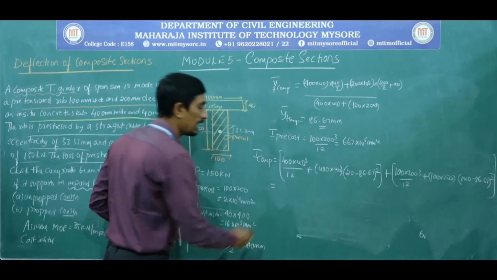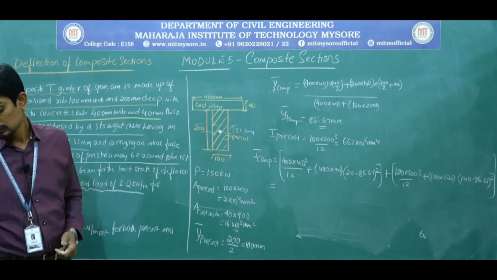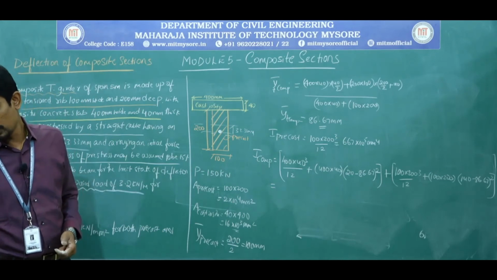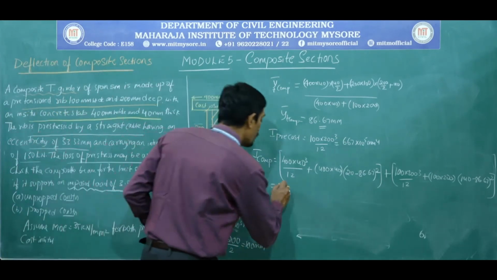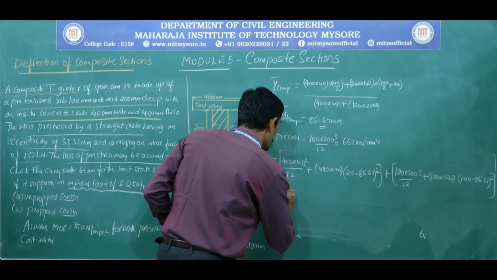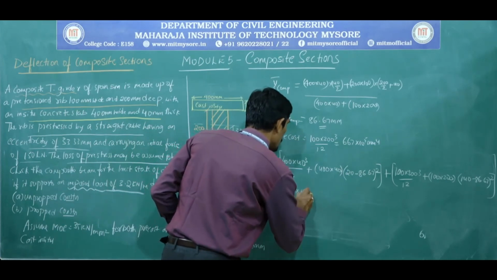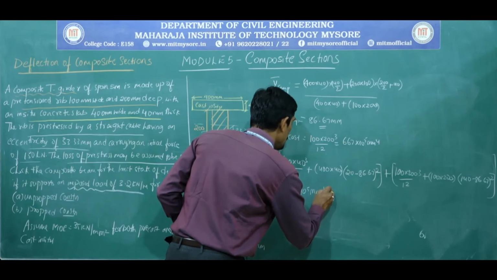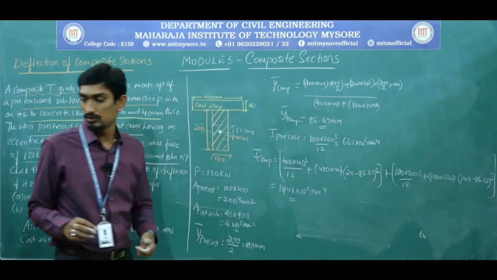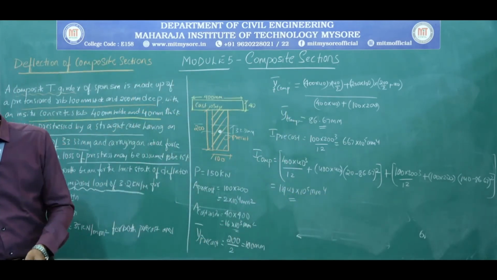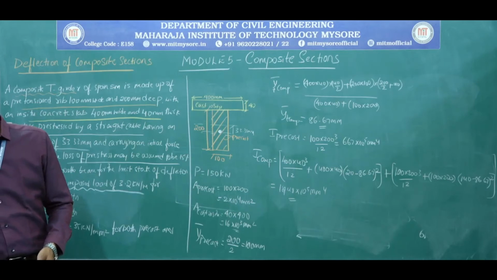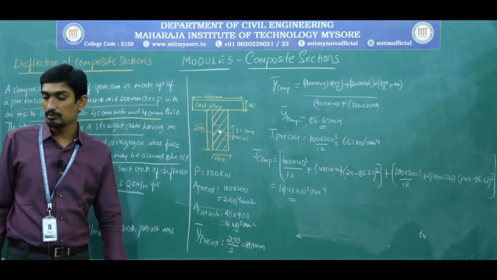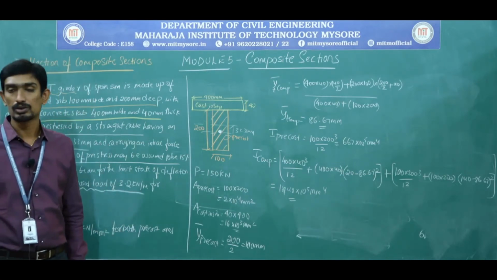So the answer will be 1948 into 10 to the power of 5 millimeter to the power of 4. So this will be the answer.